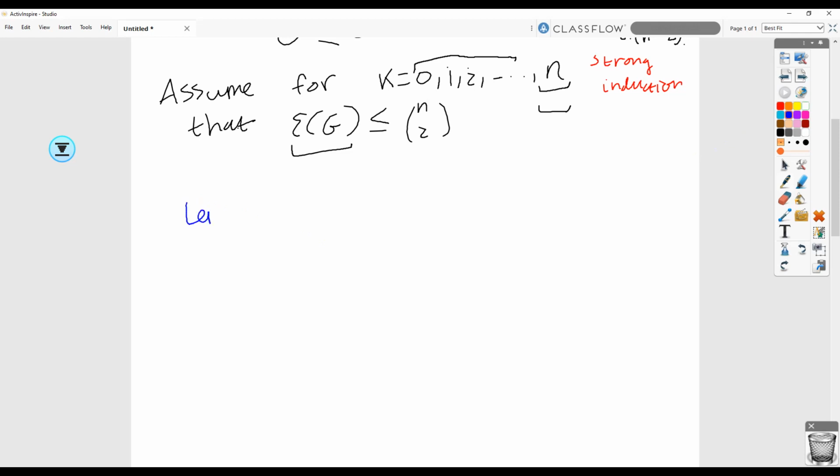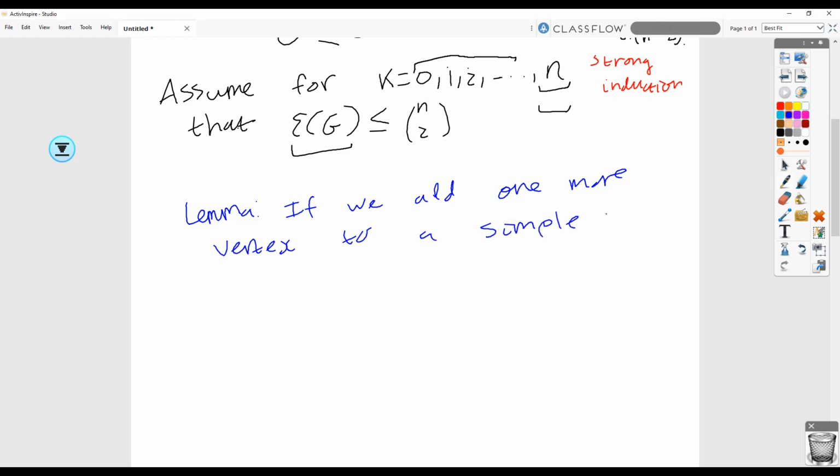So our lemma is: if we add one more vertex to a simple graph, at most n edges are added if we are to maintain simplicity.